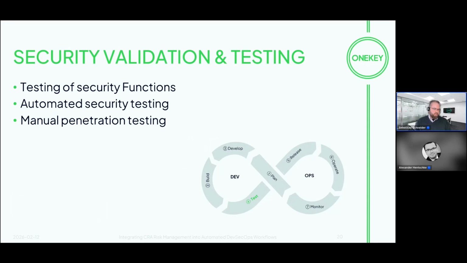Automated security testing will also be part of your testing, and my recommendation is automate as much as possible to speed up this testing and verification process.